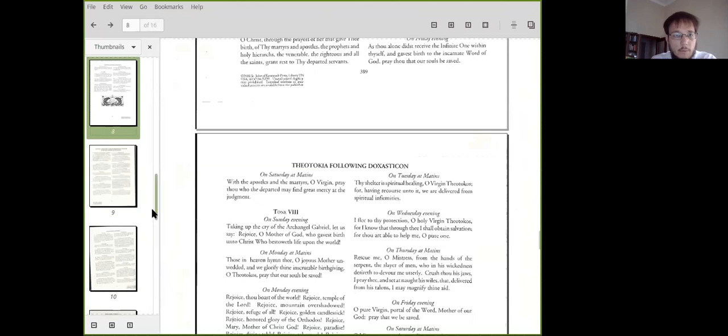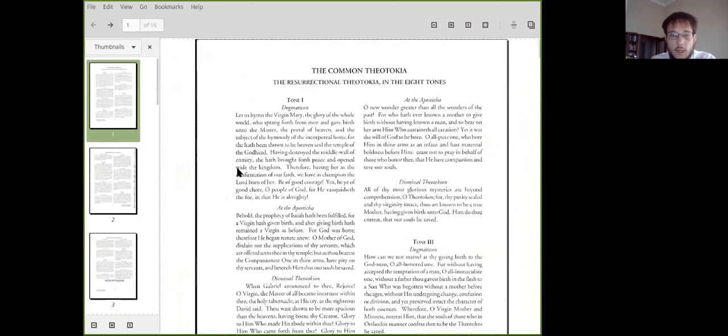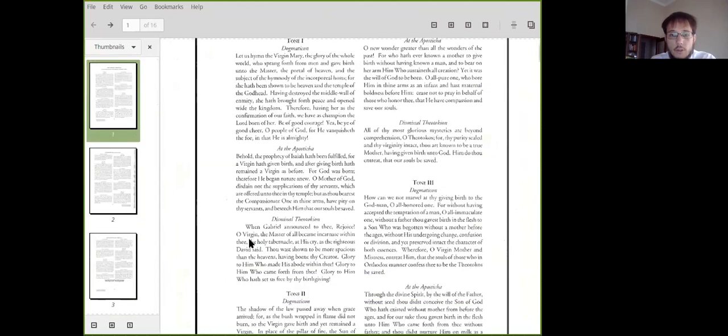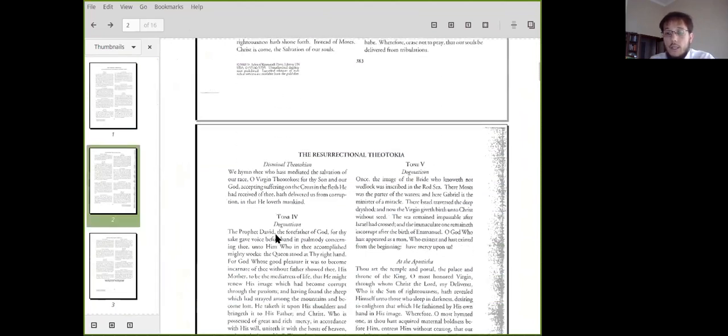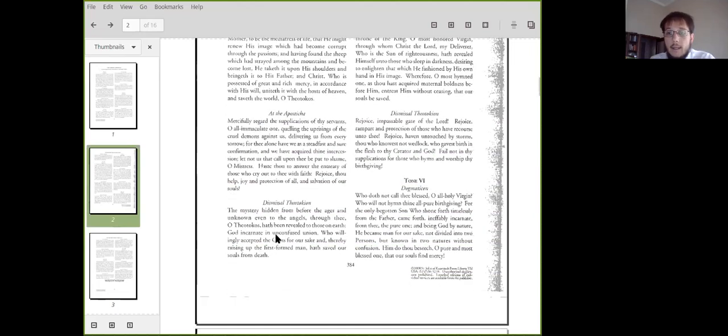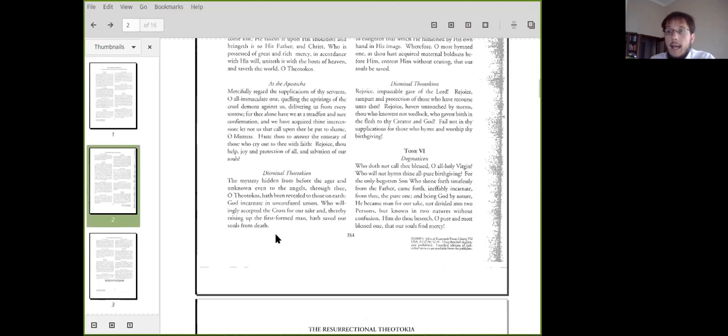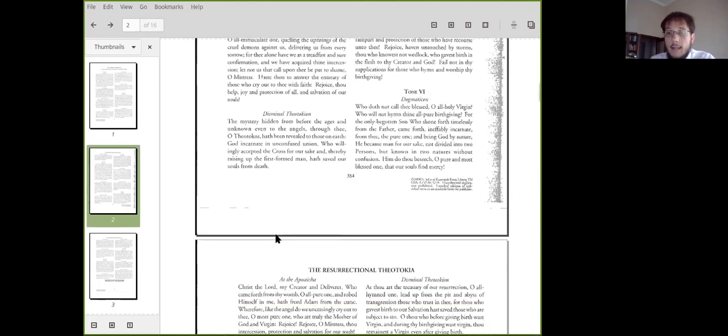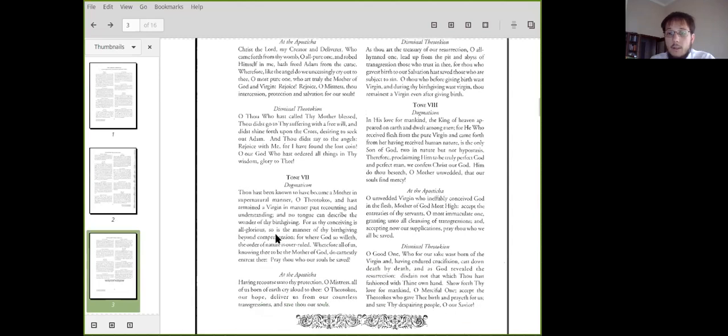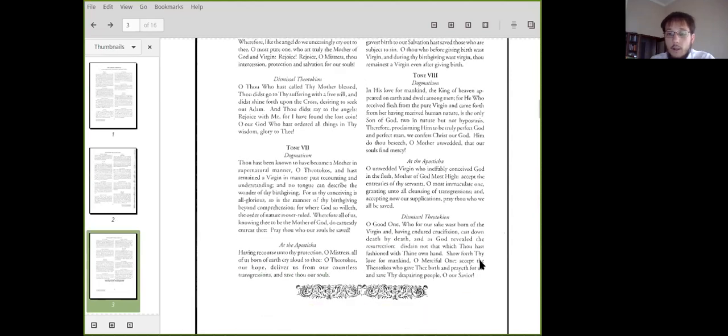So if we go to Appendix 1, we've got the dogmaticon, the lesser Theotokens to the apostolic, and this dismissal Theotoken. And so this dismissal Theotoken is the Theotoken that you use at the dismissal following the Troparion of Vespers, and again at God is the Lord at Matins, and again at the dismissal of Matins. So for tone 8, it's this one here, O good one, who for our sake was born of the Virgin. Okay, and it's going to match this one.